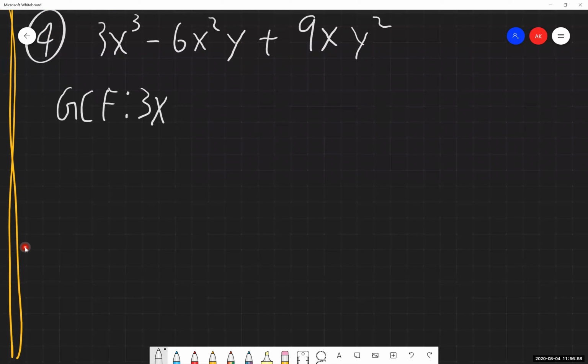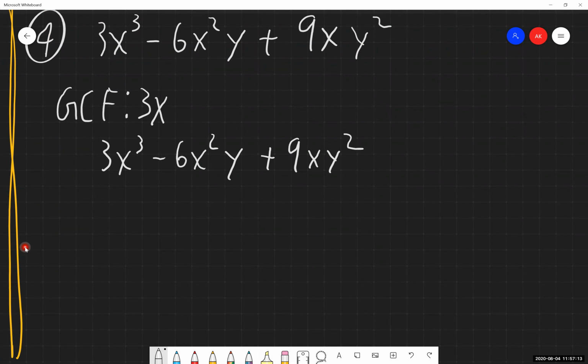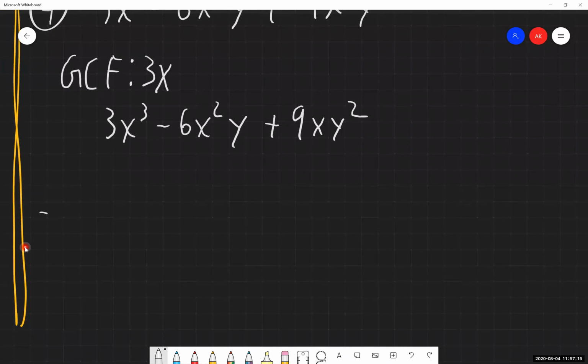So I'm going to use that second method that we use to factor this thing out because it's a slightly more intuitive one. So I'm rewriting the expression that was given to me. Directly below it, I'm going to write in my greatest common factor in a set of parentheses. There we go.